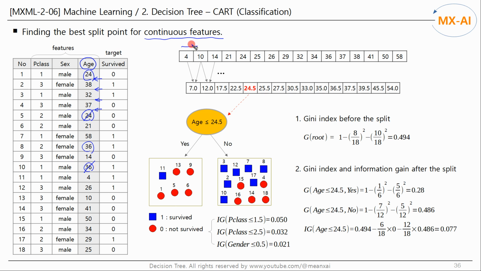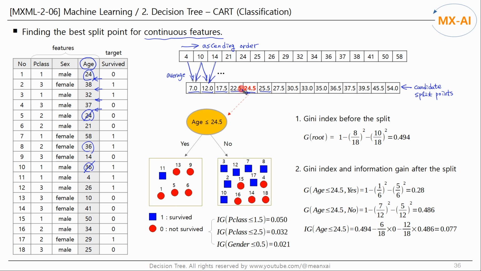And sort them in ascending order as follows. Next, we calculate the average of each pair of adjacent numbers. Then, these values become candidate split points. Calculate the information gain for each candidate split point. Then, the one with the highest information gain is the best split point.